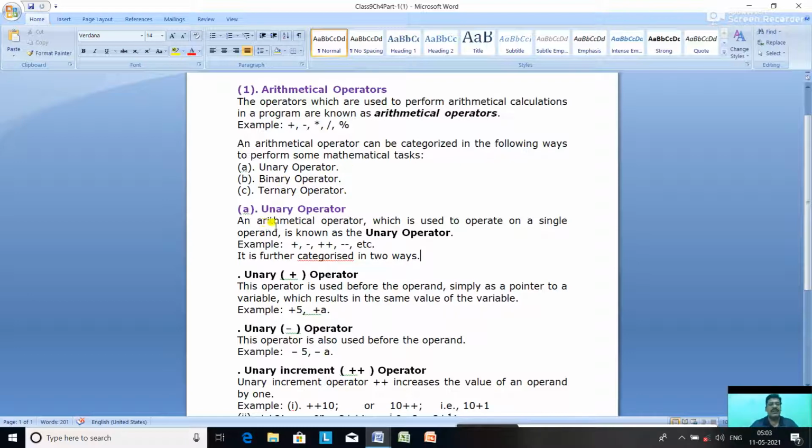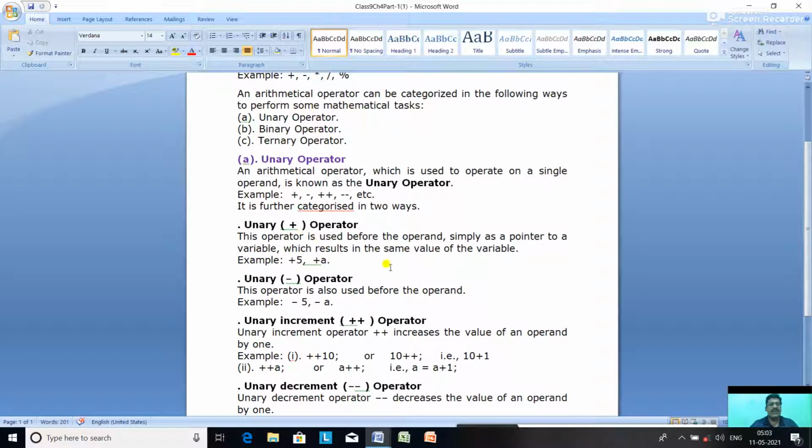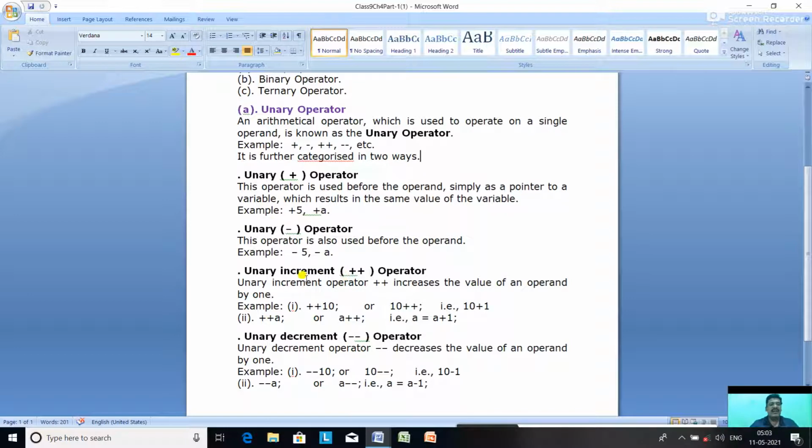We discussed the unary operator, which operates on a single operand. It is categorized into unary plus and unary minus, and unary increment plus plus and unary decrement minus minus. So today this much only, and learn all these definitions and terms.